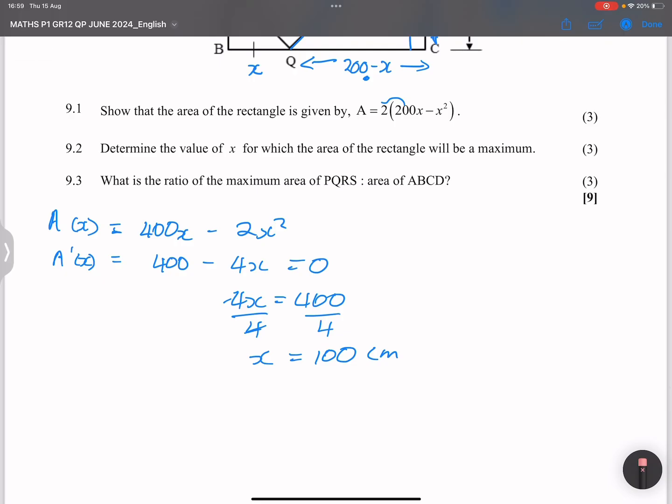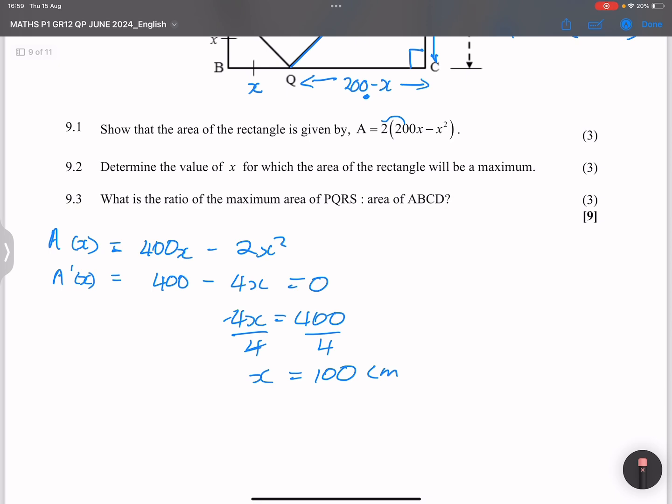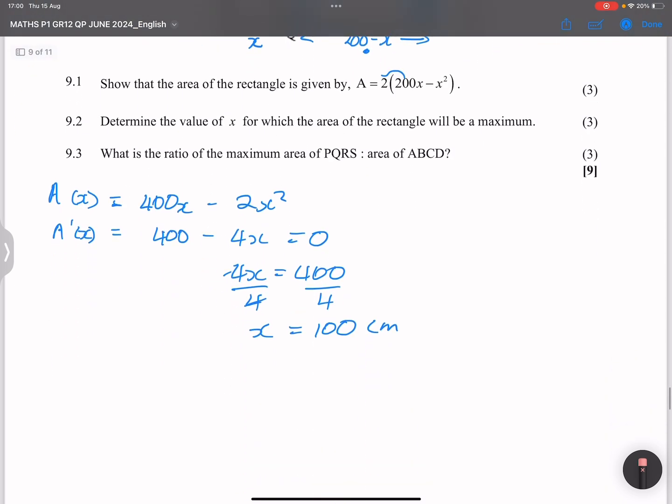Now, they say to us on the next one, what is the ratio of the maximum area of PQRS to ABCD? So PQRS is the rectangle. So let's find out what the area of that rectangle should be. So A of 100, the maximum area is when x is 100. So this is 9.3, right? That was 9.2.